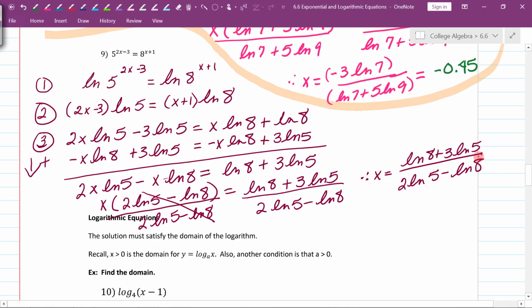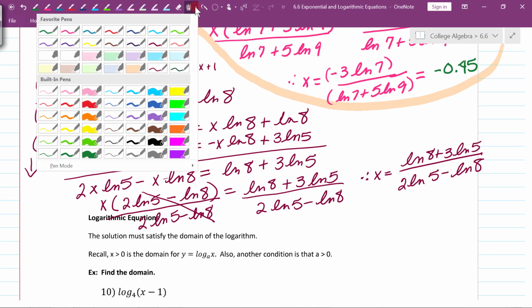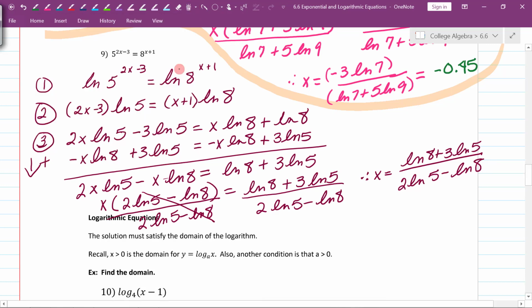Put this in your calculator, and while you do, I'm going to write down the directions for how you would put it in the TI-30XA. You're going to open up with a parenthesis. You're going to do 8 natural log plus 3 multiplied by 5 natural log.